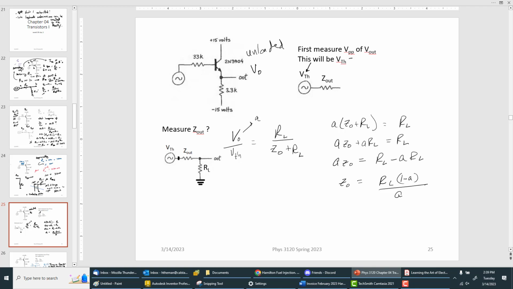For some reason, he says it's not possible, but if you can measure V in at this point, fine. But as long as you know what the V out is here, unloaded, then you can do this, at least because he's chosen the components for you.